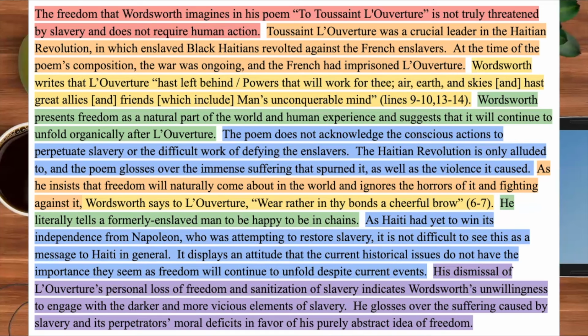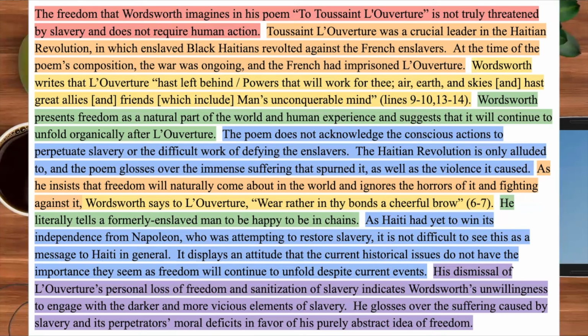As he insists that freedom will naturally come about in the world and ignores the horrors of it and fighting against it, Wordsworth says to Louverture, wear rather in thy bonds a cheerful brow. He literally tells a formerly enslaved man to be happy to be in chains.